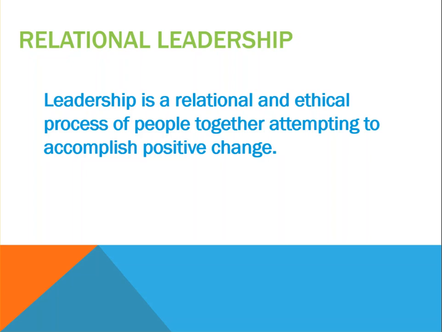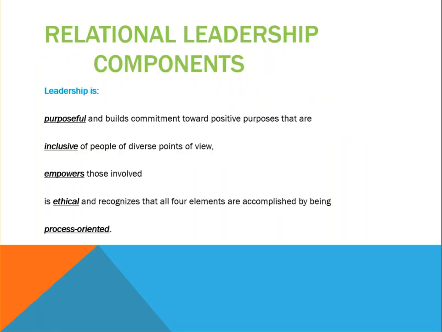I'm going to take you through the components. So there are 5 components that you'll see they're related to the definition. So leadership is purposeful, inclusive, empowering, ethical, and process-oriented. So purposeful means that there's vision and it's building commitment towards that positive vision. It includes other people and diverse points of view. It's not like one person saying this is how it's going to be and everybody follow me.